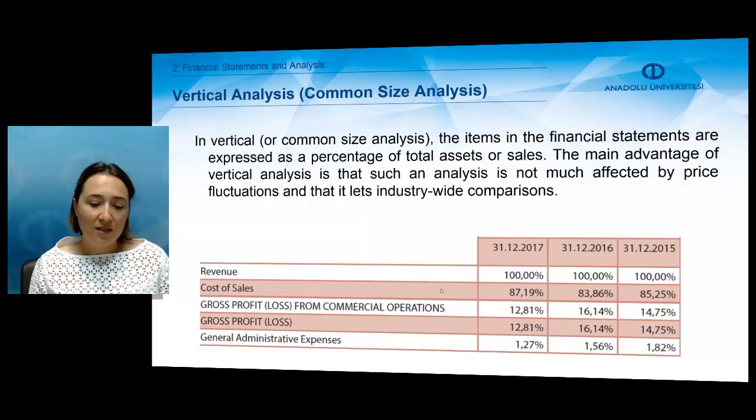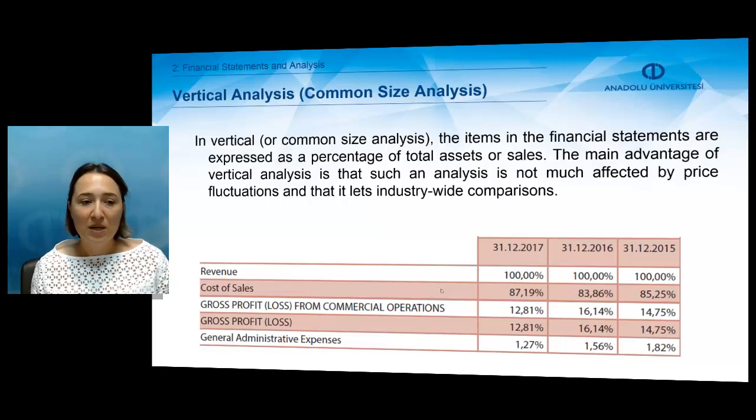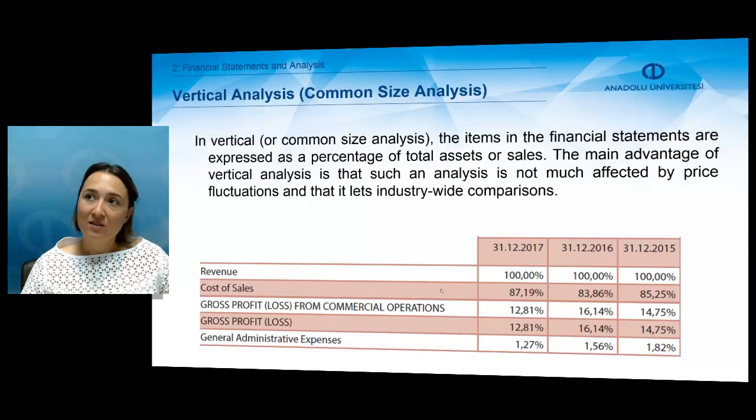The third thing in this chapter is vertical analysis or common size analysis of the balance sheet or income statement. Vertical or common size analysis is a tool to understand how to compare two companies, or how to not be affected by price fluctuations or industry-wide fluctuations.